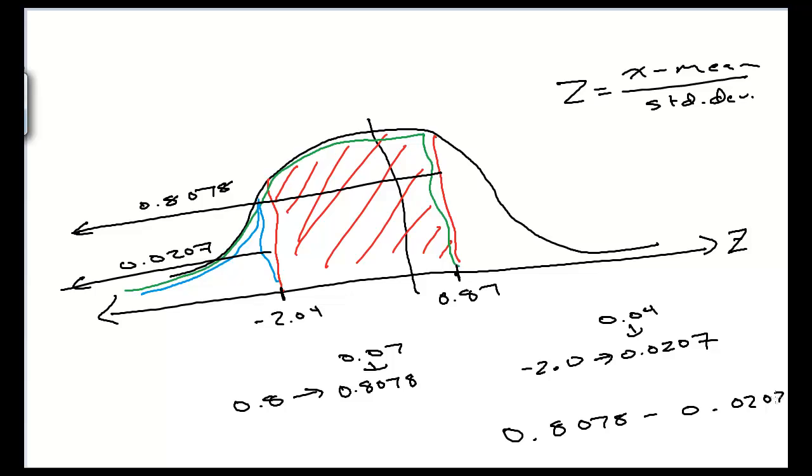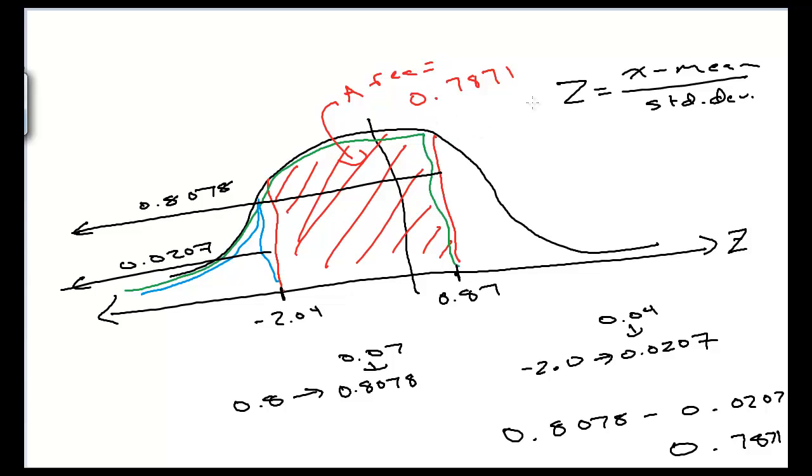This is the exciting part of the video while I type on my calculator. It is 0.7871. So that represents that red area. So this would be the area in between.